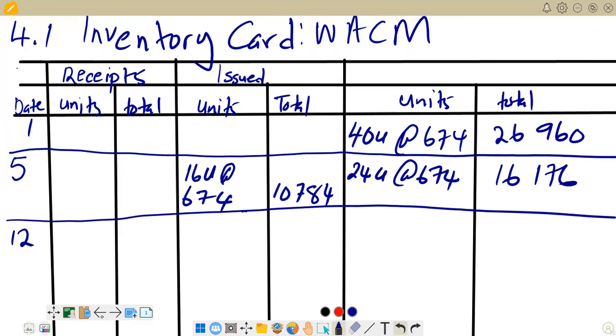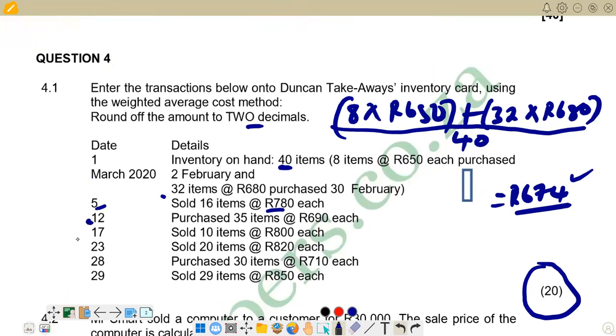The next one is the 12. You can go and check what we have in terms of the 12. We are here on the 12. Purchased 35 items at 690. So what does it mean? We are going to make sure that we put this in the column of purchase, and then we calculate the new weighted average per unit because we are purchasing 35 items at 690.